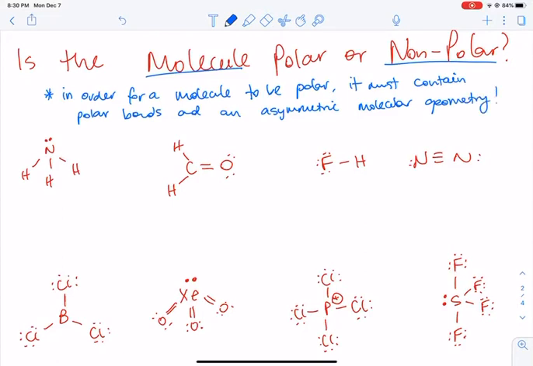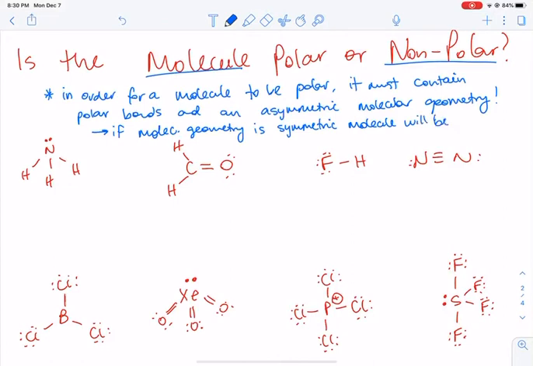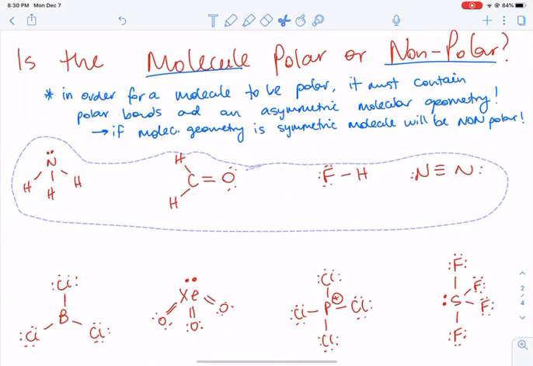If the molecular geometry is symmetric with respect to the central atom, the molecule will be nonpolar. Okay? So I need to move all this stuff down just a little.